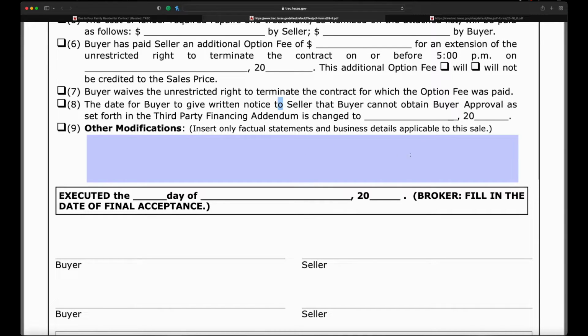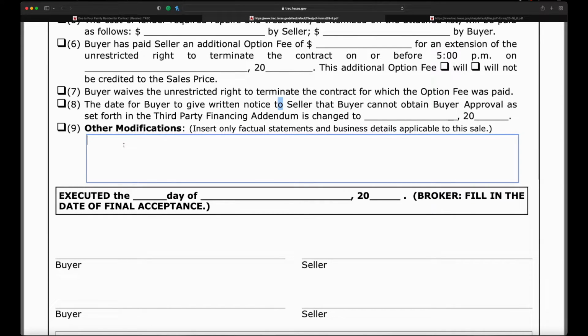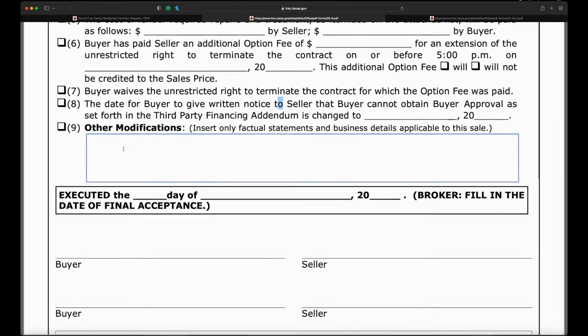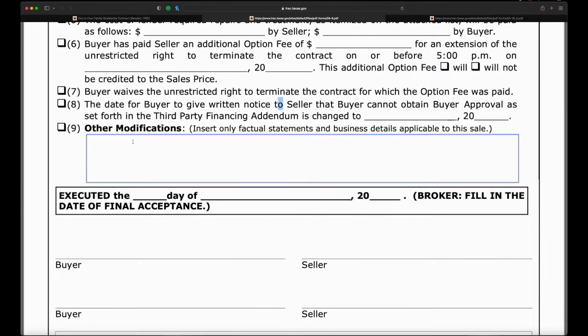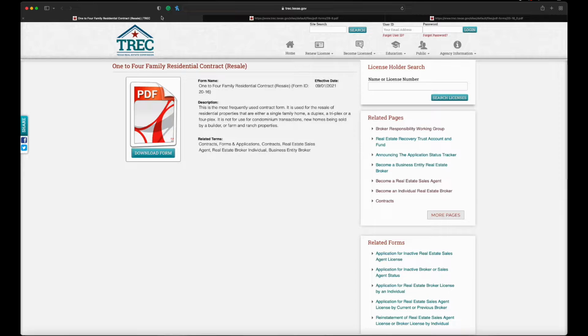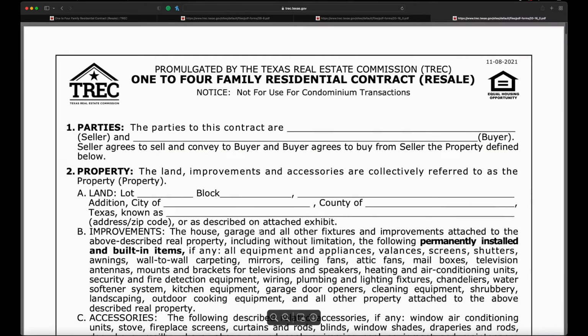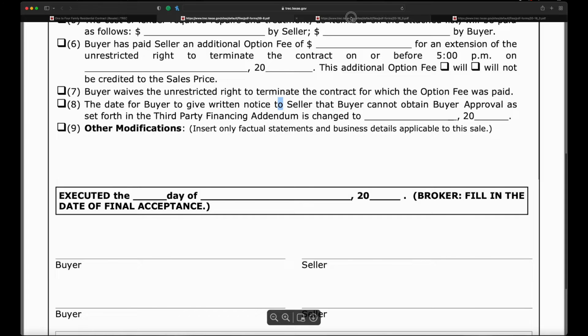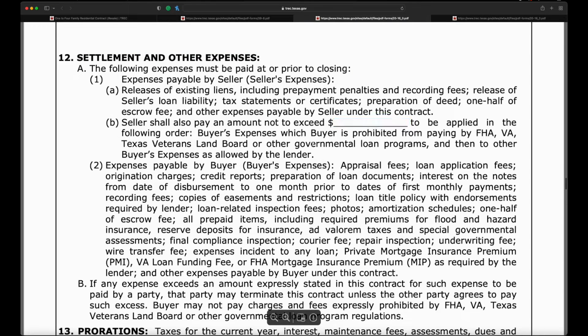Other modifications. This can be a number of things. Typically, I know on closing costs, you can have your closing costs. Right here.